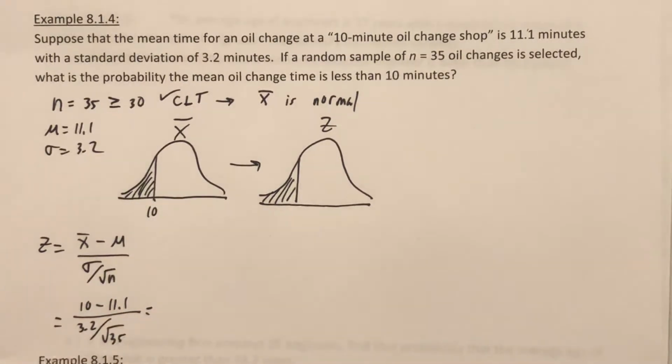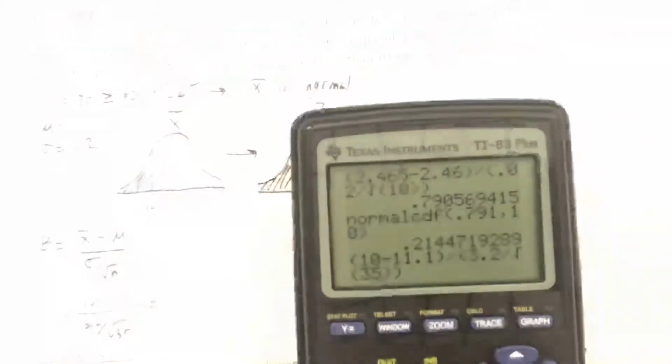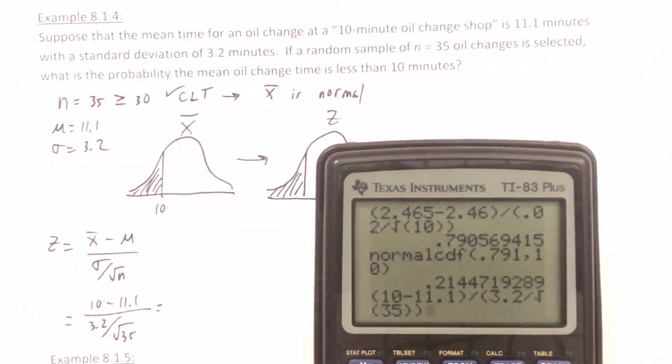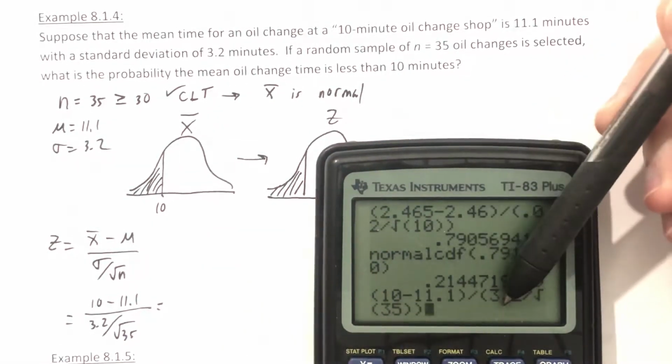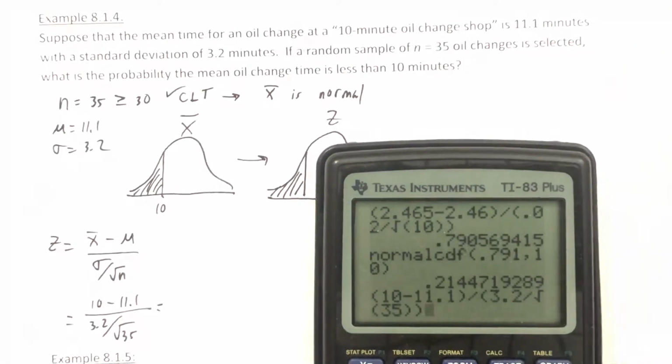And we'll figure out what that z-score is. So 10 minus 11.1 in parentheses, divided by the 3.2 divided by the square root of 35. So there's what it should look like. There's my numerator, 3.2 divided by the square root of 35, my denominator.